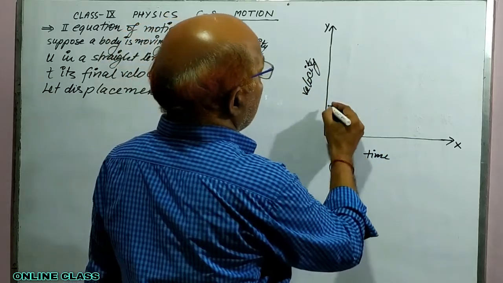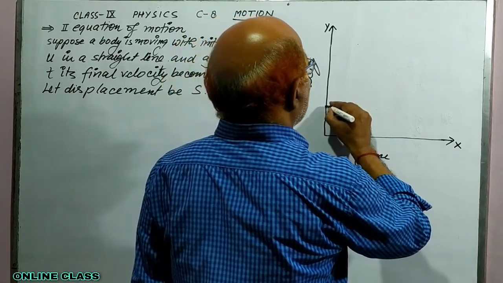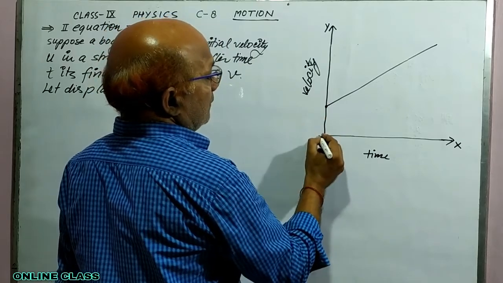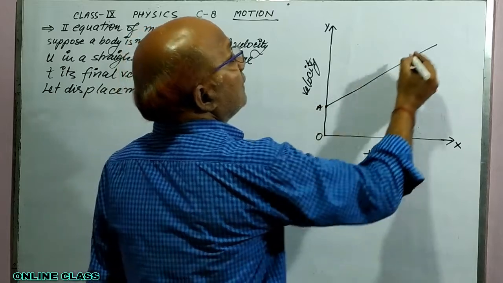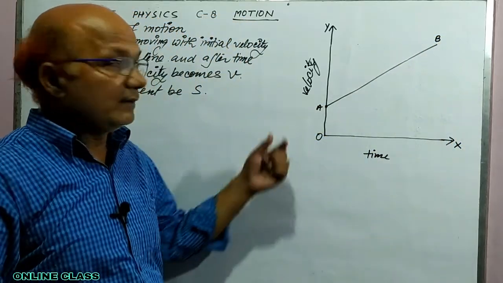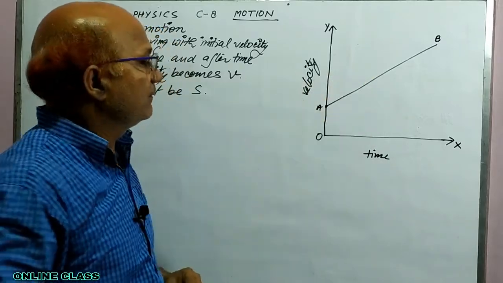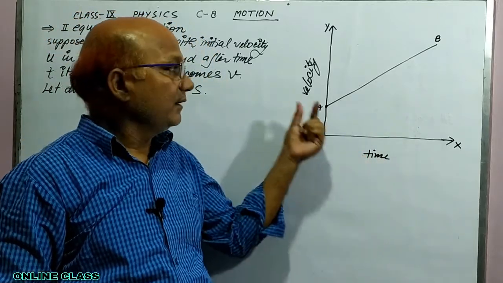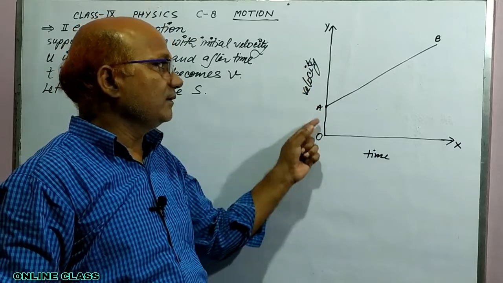Okay. It is origin, here AB is actually the velocity time graph. On x axis we represent time and on y axis we represent velocity.